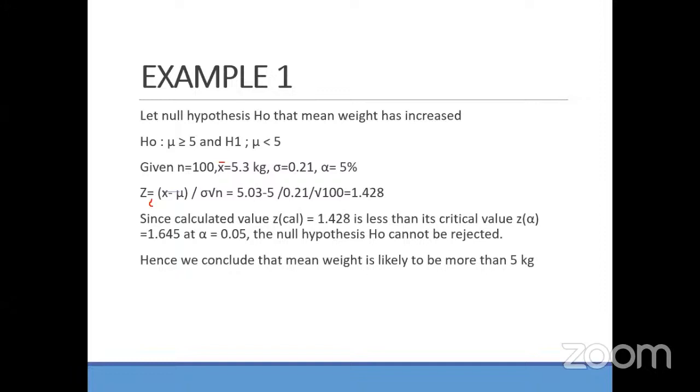After the assumptions, you have to apply the appropriate test and then compare. And there are three methodologies available: the critical value approach, the p-value approach, and the confidence interval approach. By any of the approaches, you can determine if the hypothesis has to be accepted or rejected. And finally, on the basis of the acceptance or rejection of the hypothesis, you have to conclude. That means the managerial insight available in the data, right?